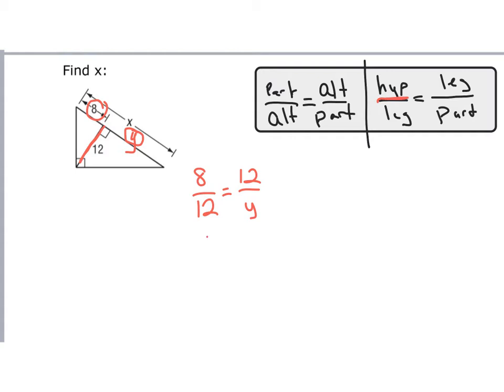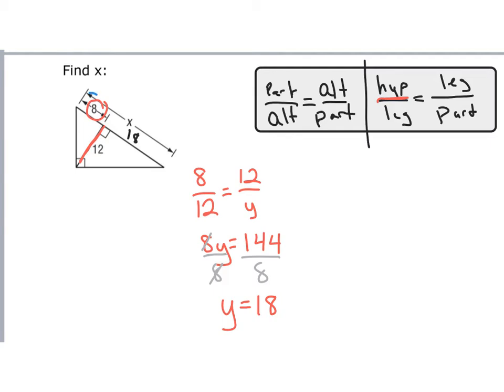When I cross multiply, I get 8y equals 144. Okay, so then I just need to divide by 8, and I get that y equals 18. But I'm not looking for y. Remember, that means that this right here, now I know that it is 18.